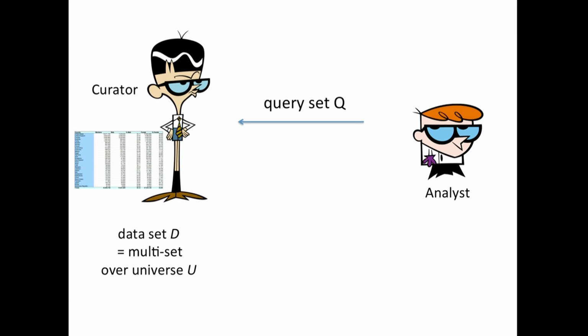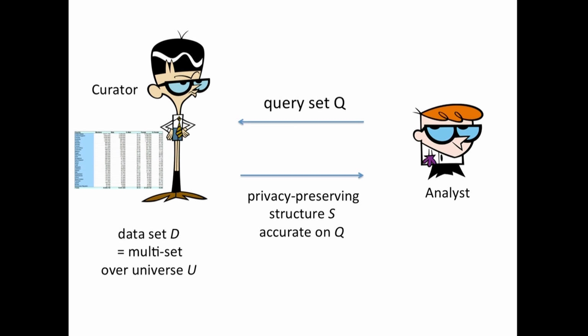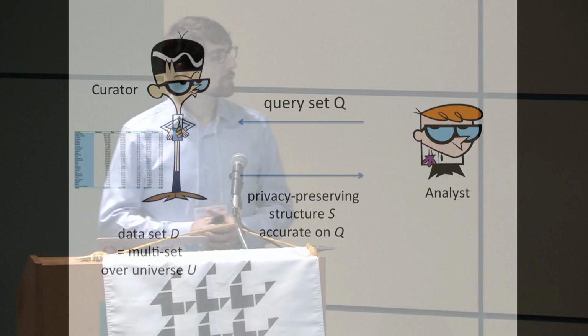And the curator wants to give these answers, but he also wants to make them privacy preserving. So what he's going to return is a privacy preserving structure S. This could be a synthetic data set or just a list of answers that is accurate on the queries. Okay, and I'll tell you what accuracy means. But this is the basic model, just two parties, and that's what we'll focus on first in this talk.